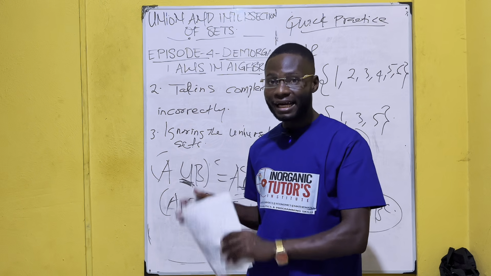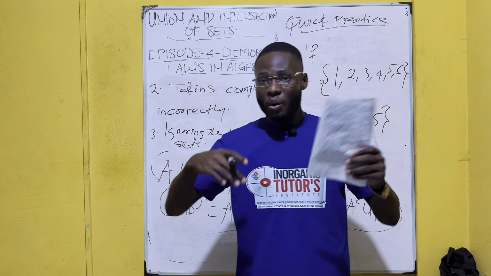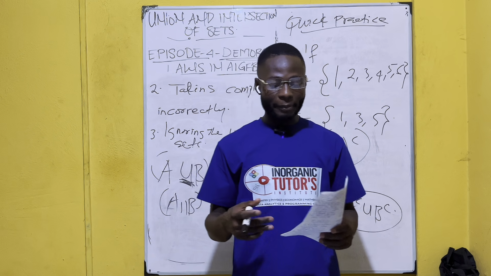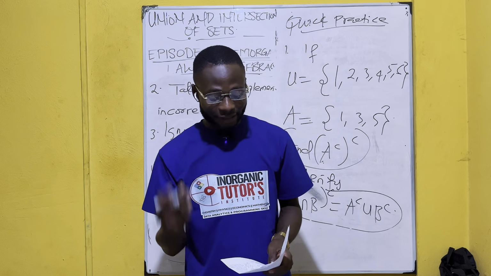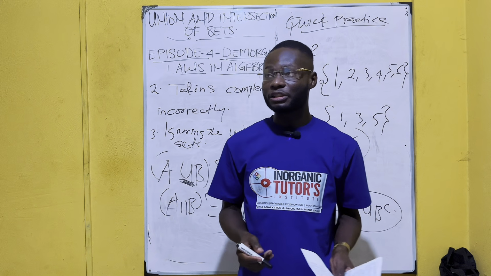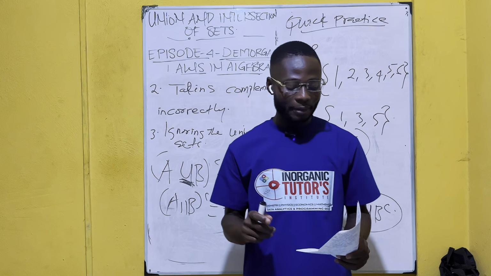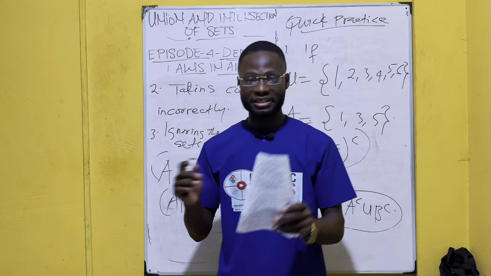With this understanding that we have, I believe that we are now ready to apply union, intersection, and complement to practical situations, especially the 2-set problem and the 3-set problems.